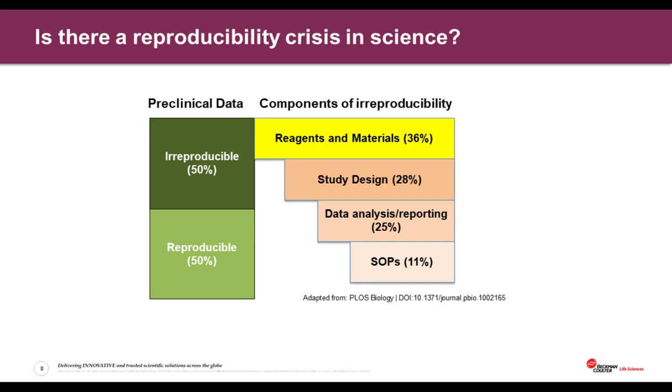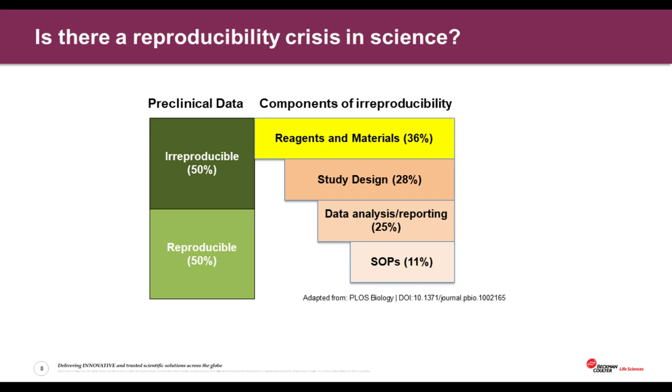If we look at the preclinical data that's been generated in the United States, and I'm not showing you costs here, 50% of the data that is reported is irreproducible. This hinges on various components of reproducibility, which are listed in this schematic: reagents and materials, study design, data analysis and reporting, and protocols, all within the control of the scientists themselves.